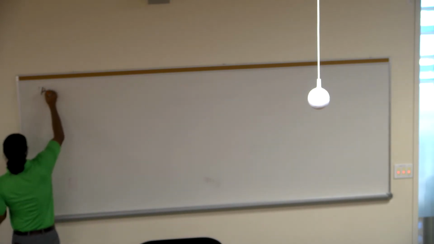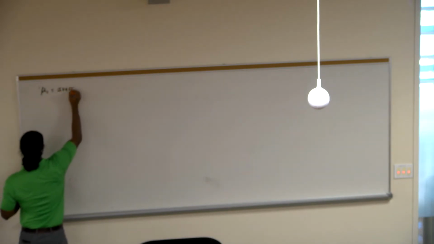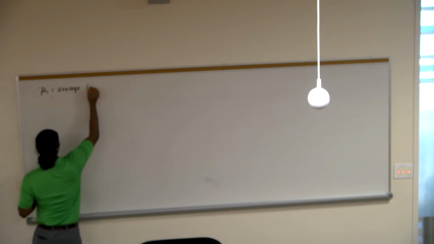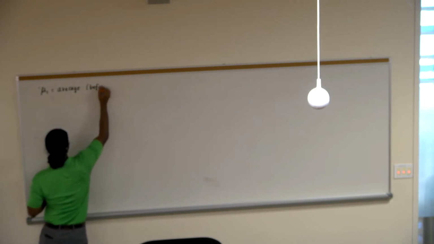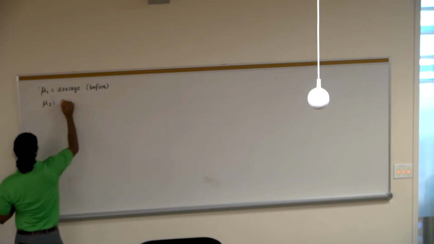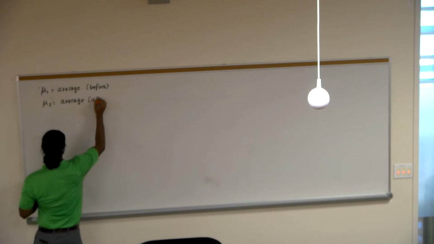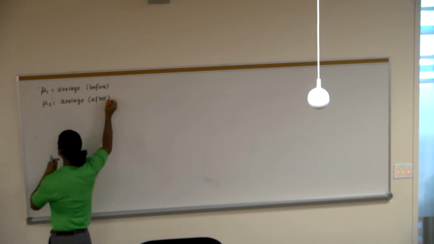So first we've got to sort something out. We'll call mu1 the average before. Mu2 is the average after.